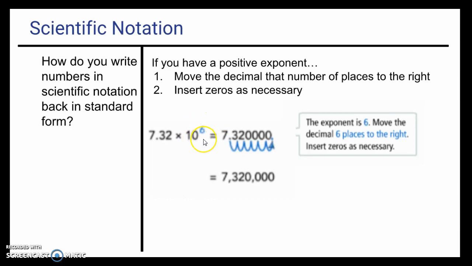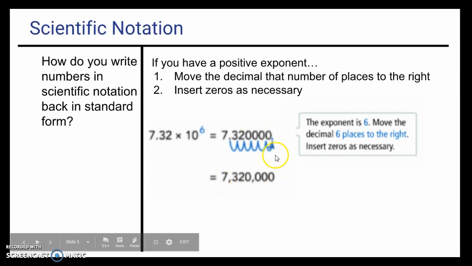This exponent of 6 tells us how many places to move our decimal to the right. So we're going to pick up our decimal, move it 1, 2, 3, 4, 5, 6 places to the right. We insert these zeros behind our 2, and that gives us in standard form 7,320,000.